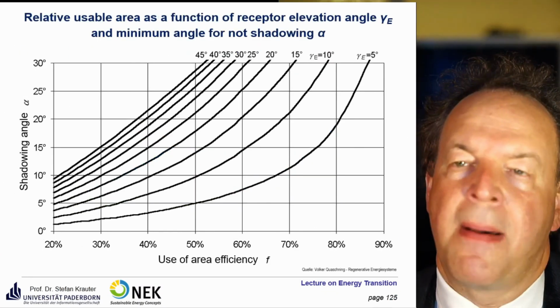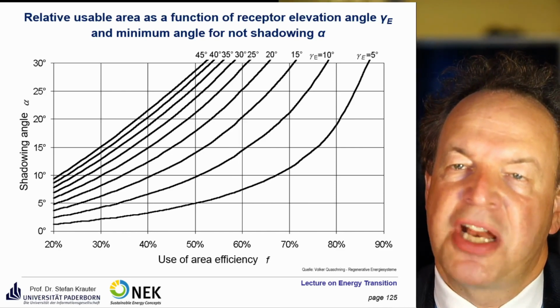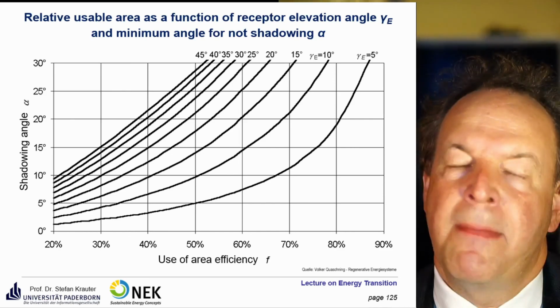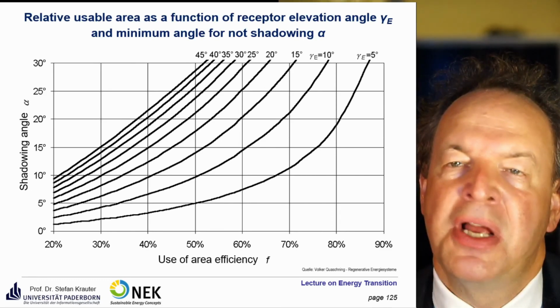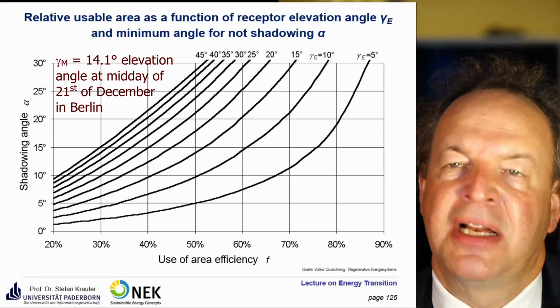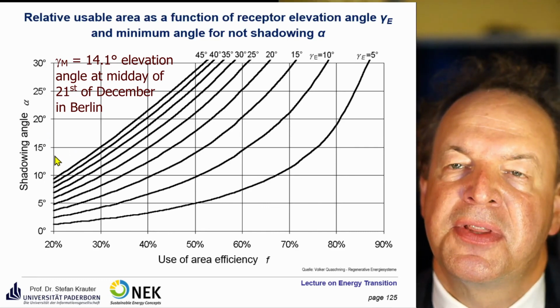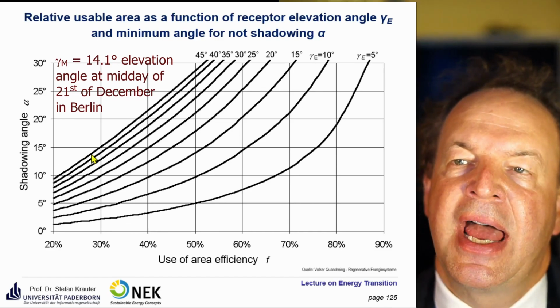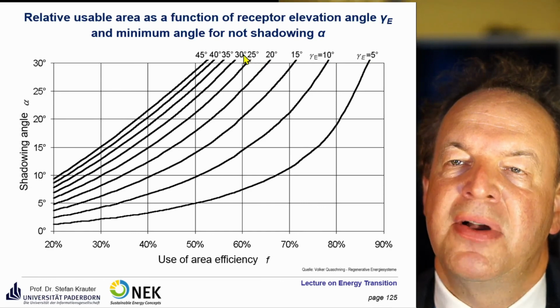These are some pre-calculated examples. Here you have the shadowing angle of the sun. Remember, for the lowest position in Berlin in winter, we have a sun elevation angle at midday of 14.1 degrees. And this is the module elevation angle. A typical value, as mentioned in Germany, is about 30 degrees.